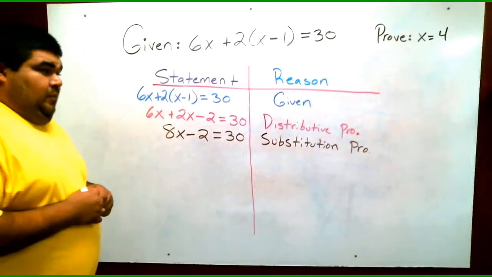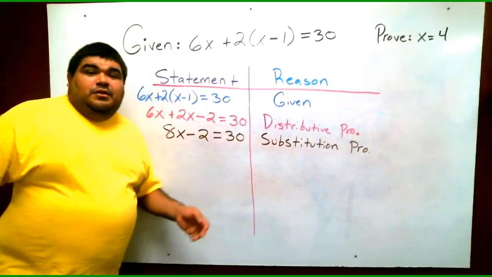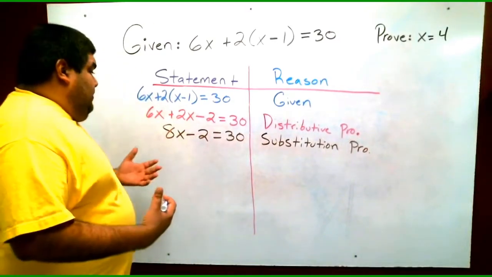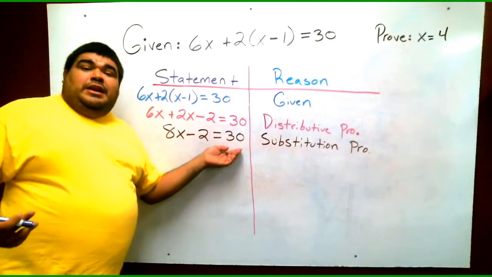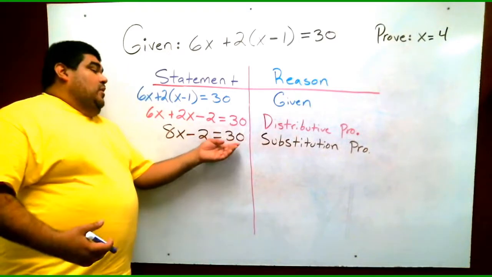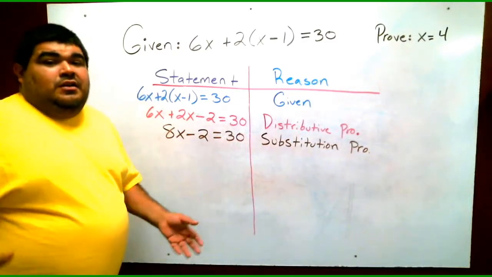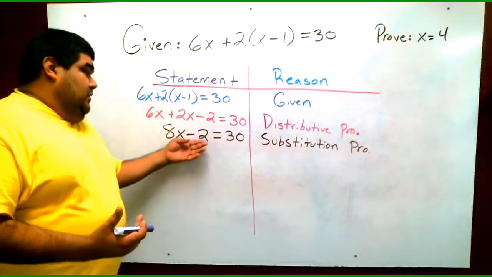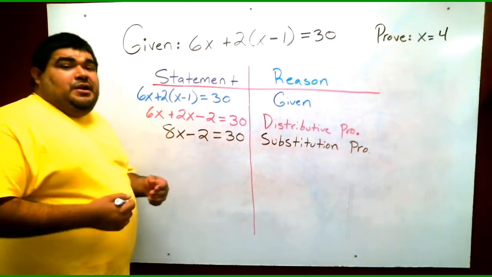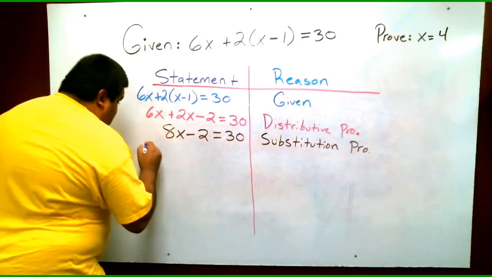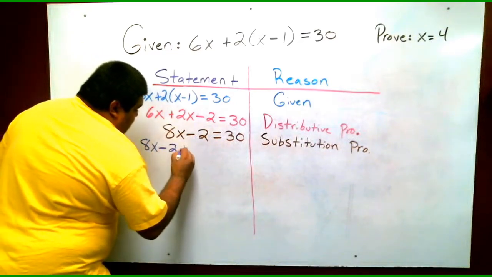Now that we have 8x minus 2 equals 30, remember, we cannot move the 8x to the 30 because one has a variable, one doesn't. We can also not move the 30 because you have to have something on each side of the equal sign. So the only thing to move is negative 2. We're going to move it to the other side. So it's going to become positive 2, right? So we have 8x minus 2 plus 2.